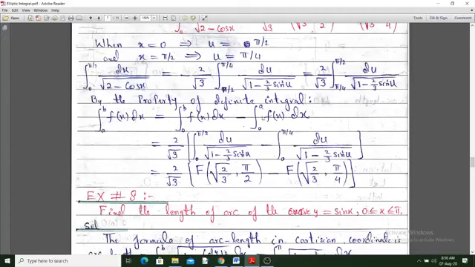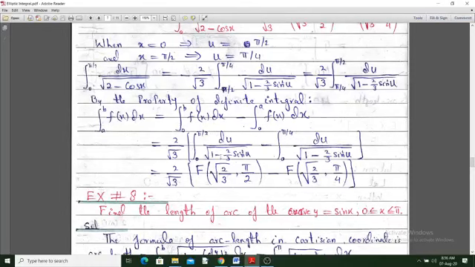So if we use this property here, we can write this integral in this form: 0 to b, and what is b? b is pi by 2, and similarly 0 to a, and what is a? a is pi by 4, so we break this integral using this formula into these two forms.